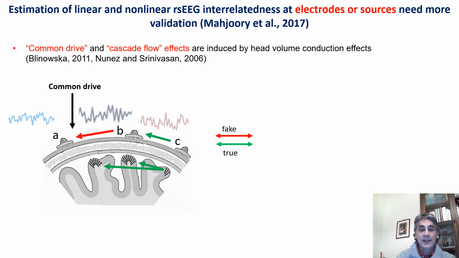In the common drive effect, the source C is coupled with the source B, and the source C is also coupled with the source A. You see that there is no coupling between the source B and A. When you apply techniques to study the interrelatedness of EEG activity at the electrode pairs, you can see, for example, that there is a relationship and interdependence between the EEG activity recorded in the electrodes B and C, and this is okay because it corresponds to the connectivity between the sources.